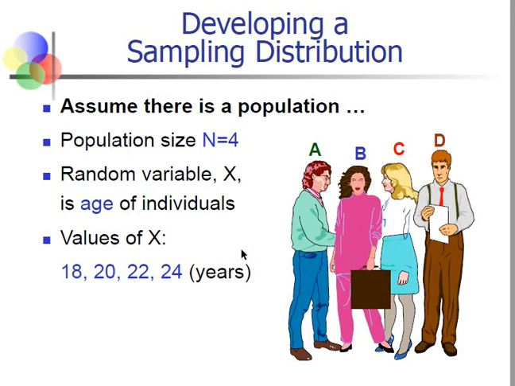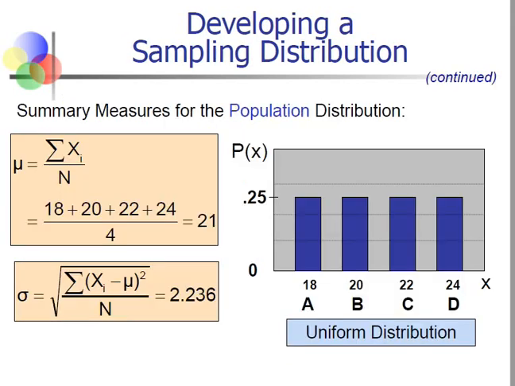Suppose we're developing a sample of size n, where n is 2. Then we have different ways of choosing that sample. But there's something we can do with our population, which we already know how to do.